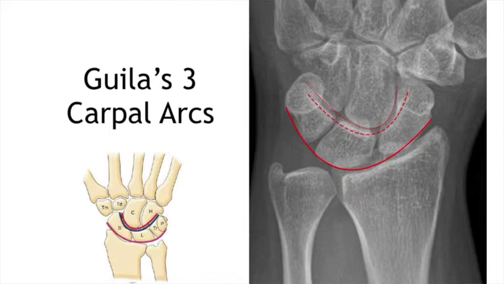Then distal to that is the second arc, which is just the distal aspect of the scaphoid, lunate, triquetrum, and pisiform, and the third arc would involve the capitate and hamate. This is a normal view of these 3 arcs, and it's extremely important for the alignment that we are going to focus on in these later abnormal x-rays.